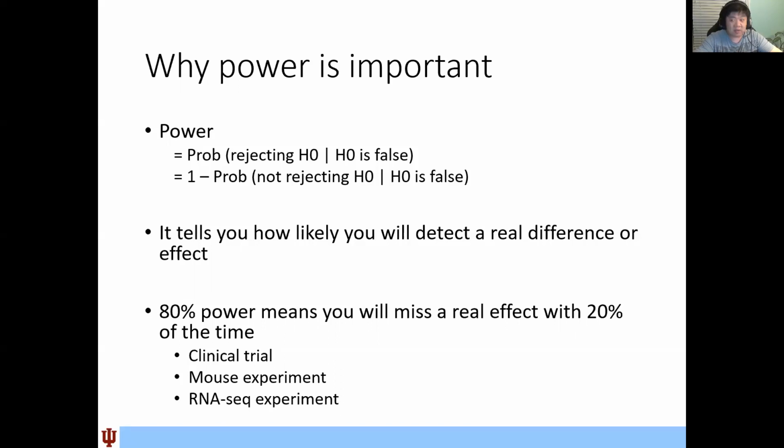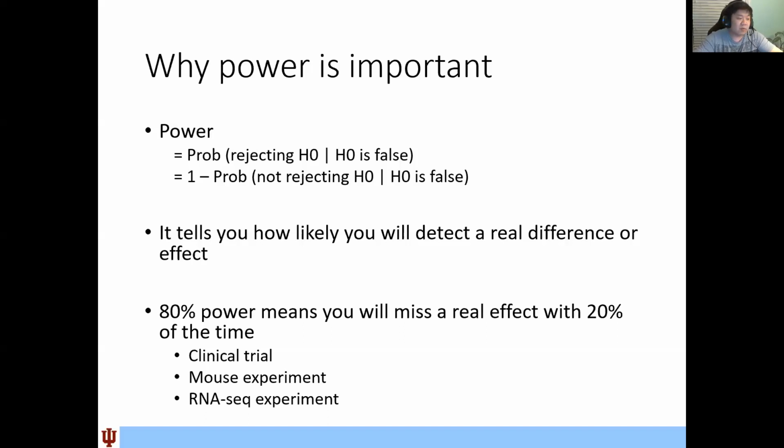So in a clinical trial, the drug may really have an effect on the patient, on the disease, but if the experiment design is not good, maybe too few patients have been involved, then even though the drug has the effect, you miss the observation because the derived p-value is not significant, and that may cause the whole clinical trial to fail.